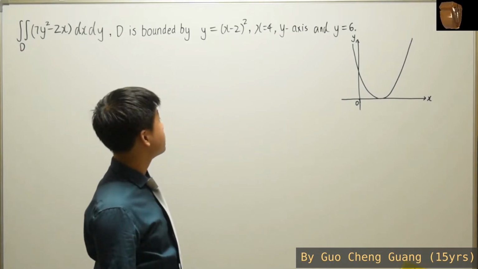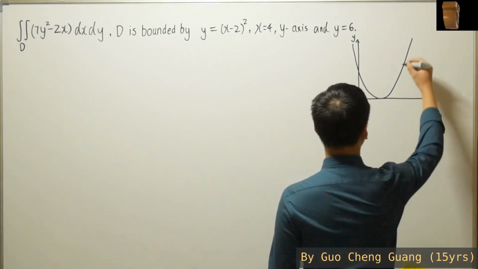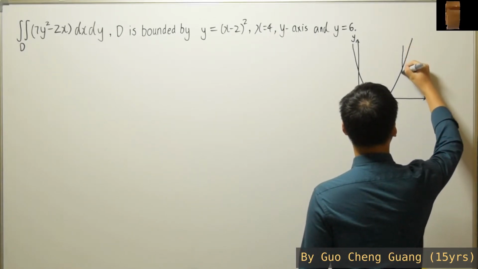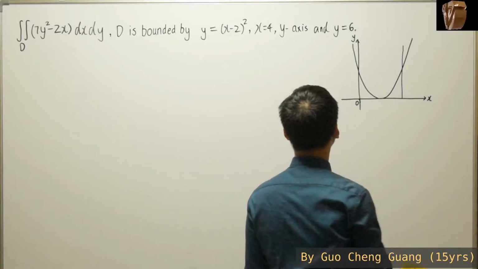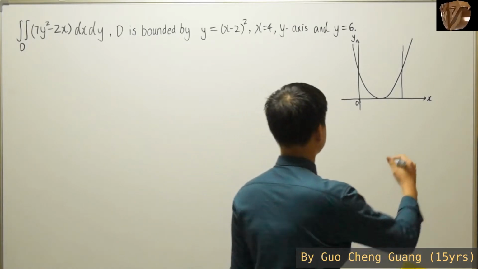And then x is equal to 4. So x is equal to 4 will be somewhere around here. And lastly, y is equal to 6.